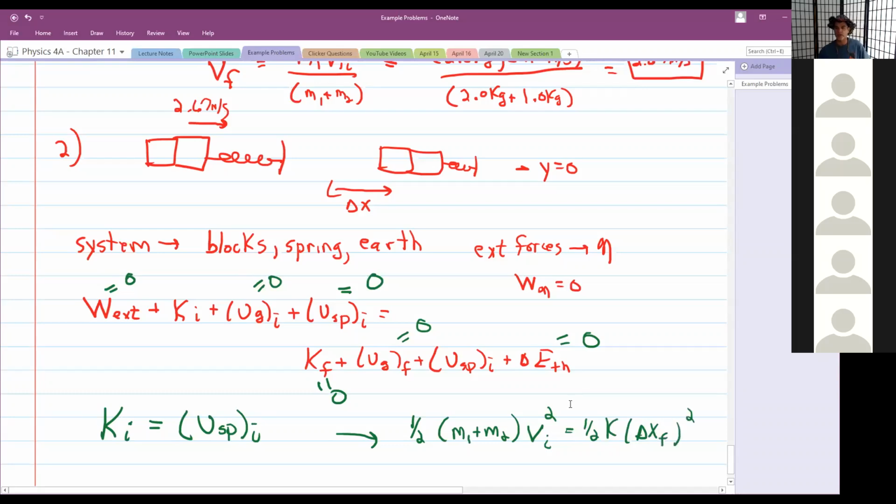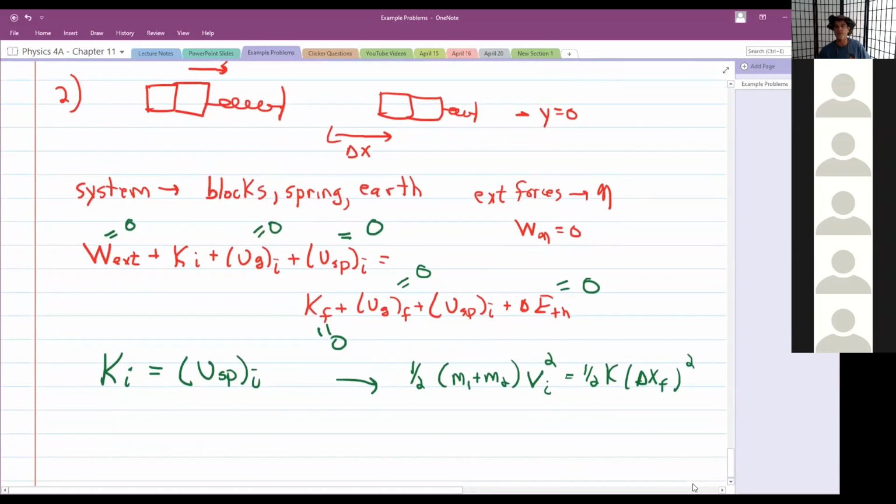This v initial is the 2.67 meters per second that they have right after the collision. Let me skip the algebra. What you would find is my final delta x, how much the spring is compressed, would be 0.33 meters.